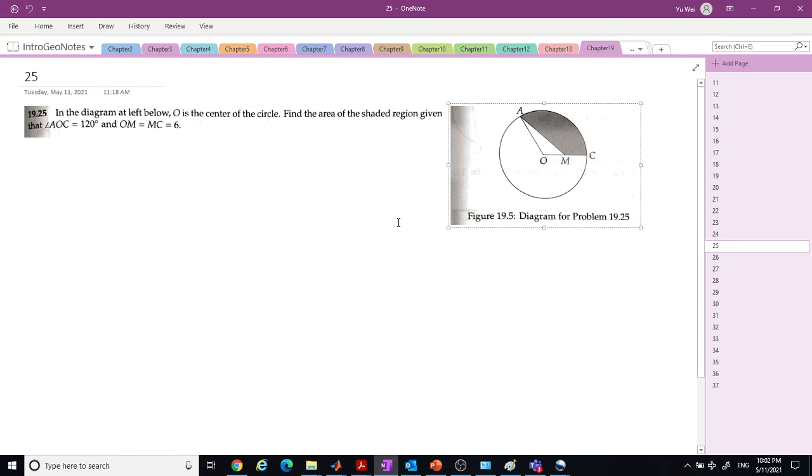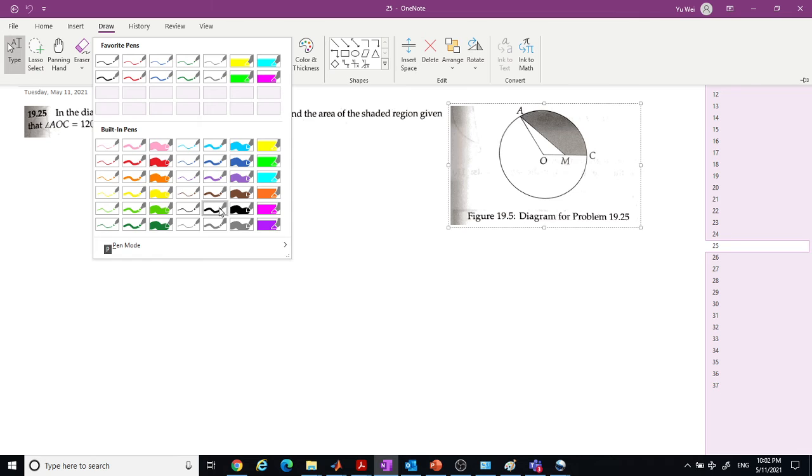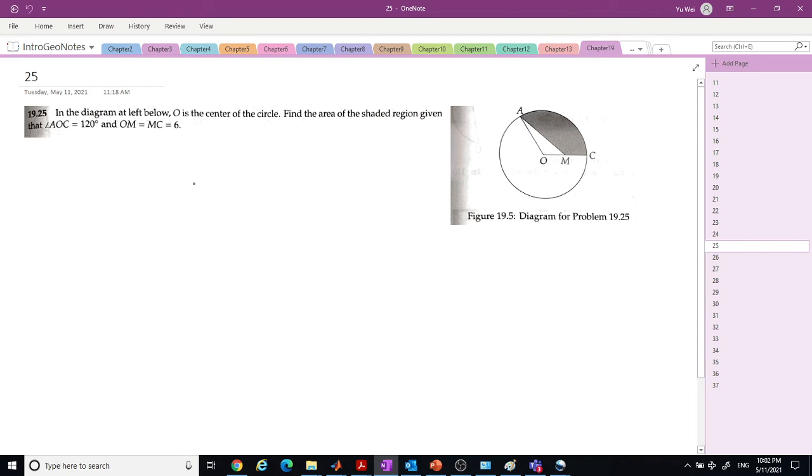So in the left figure below, O is the center. Find the area of the region, given that angle AOC is 120. This is 120, right? And OM equals OC is 6, so the radius is 12, right?